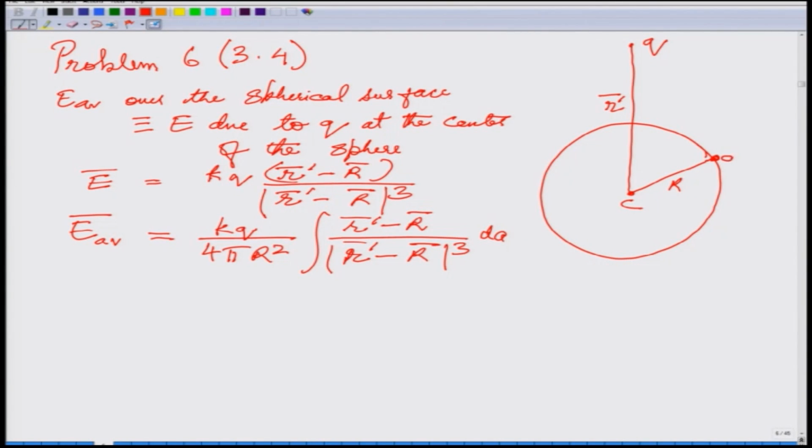I would consider again this particular area element dA right here.